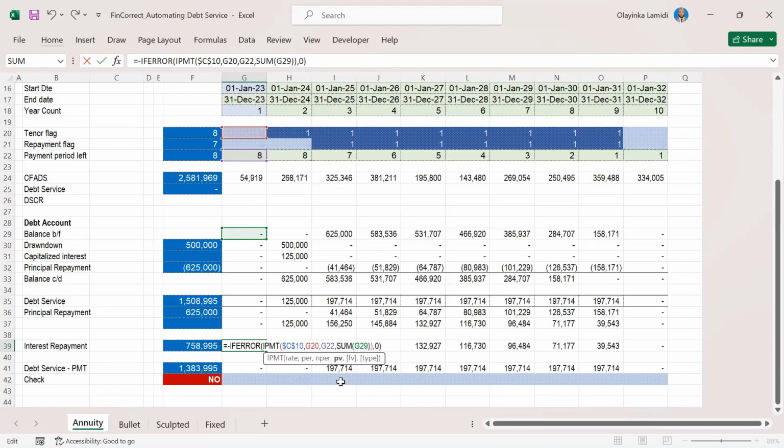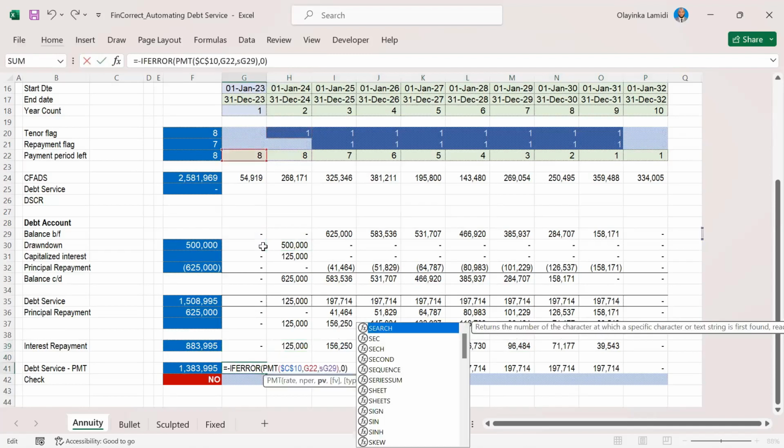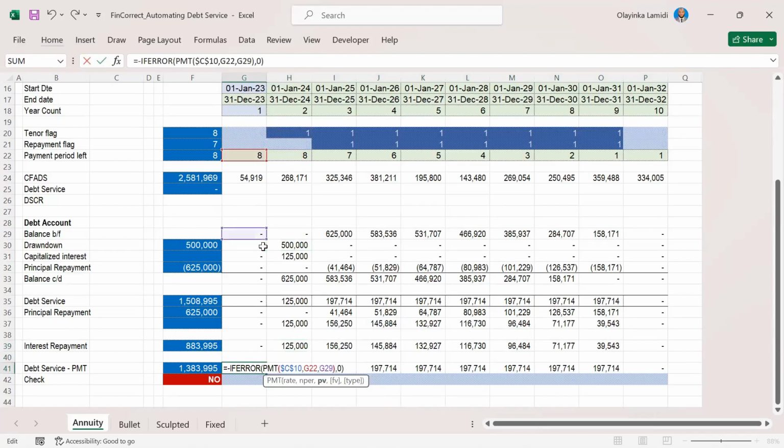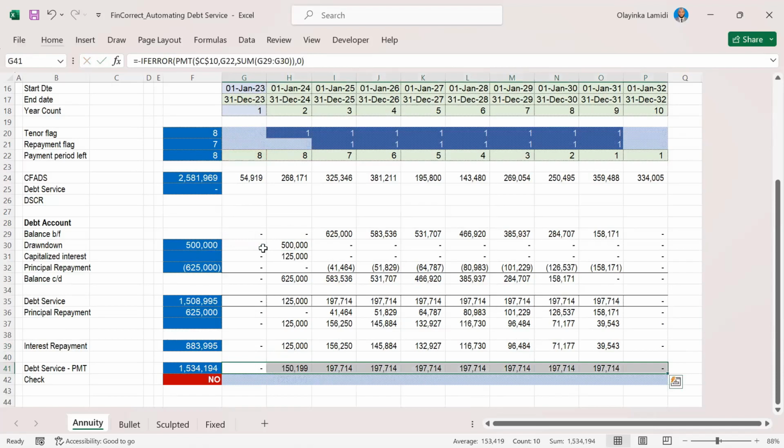Just use my sum and drag this down a bit, then I can fill right. So I have 125 here. Then I can also come down here, recognize the closing bracket first, then use my sum, drag this down a bit, capture the opening balance and the closing balance, and fill right.